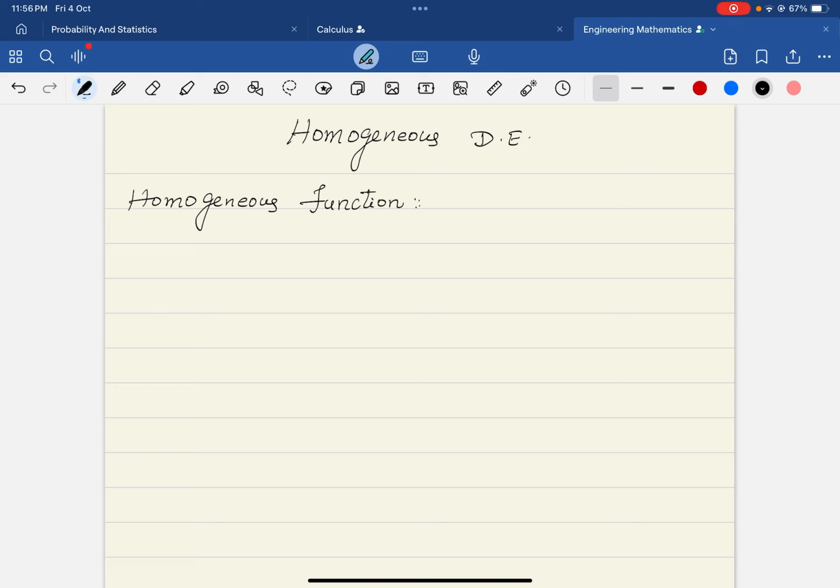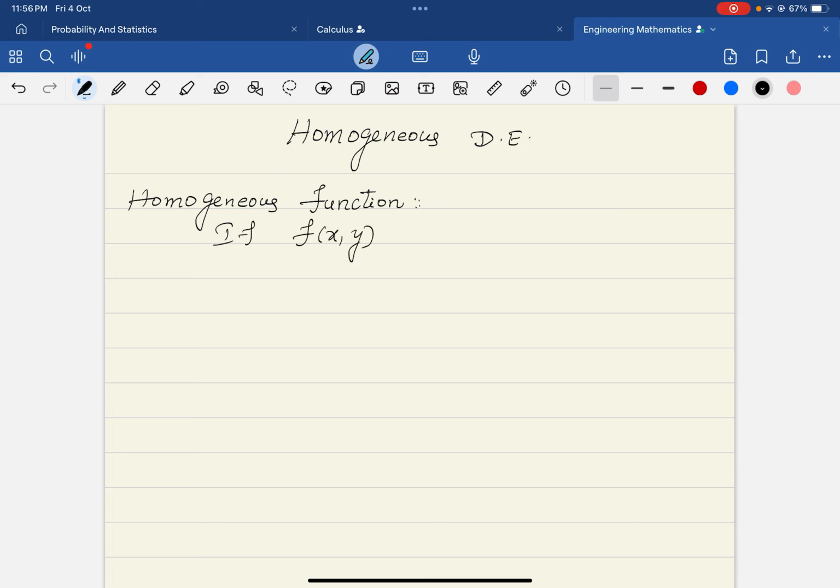To solve this type of equation, first we will understand what is meant by a homogeneous function, and then we proceed further to a homogeneous differential equation. Suppose you have a function f of x comma y.